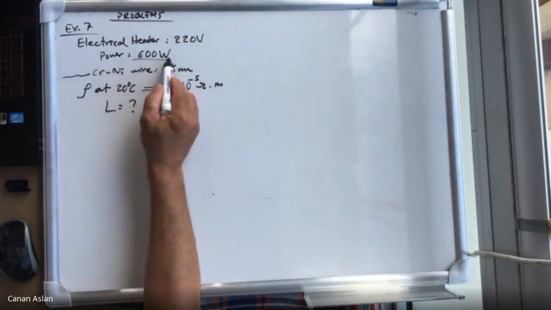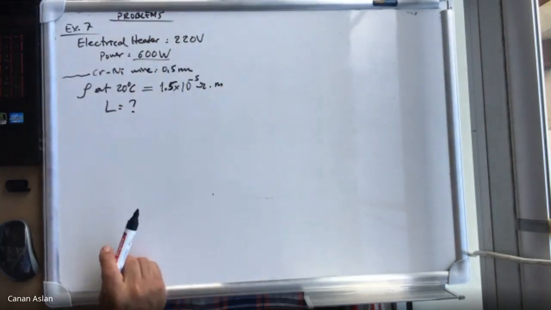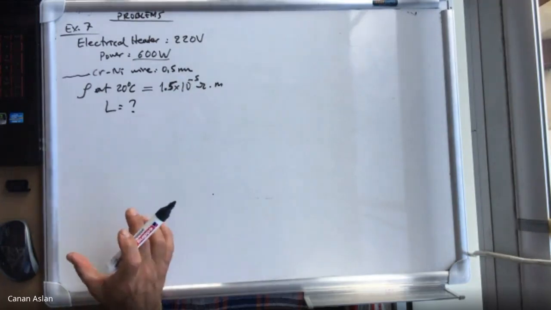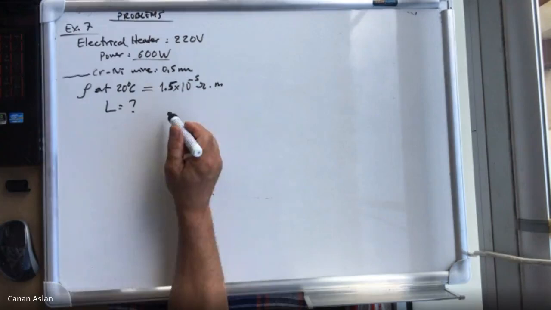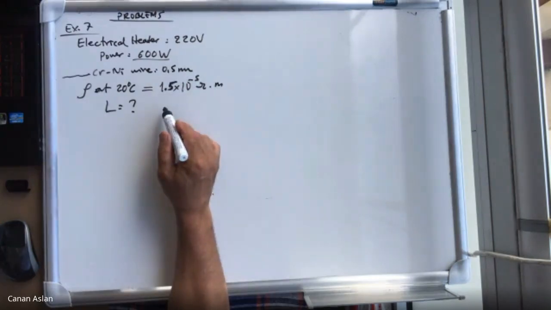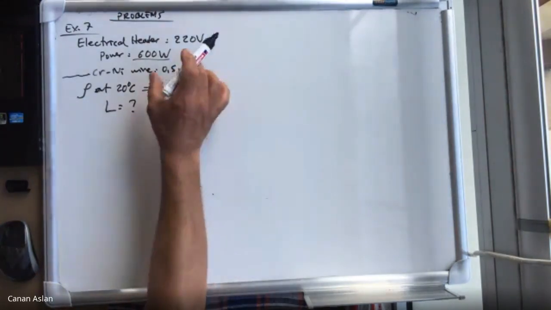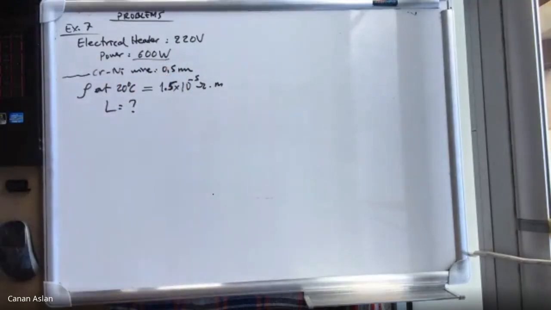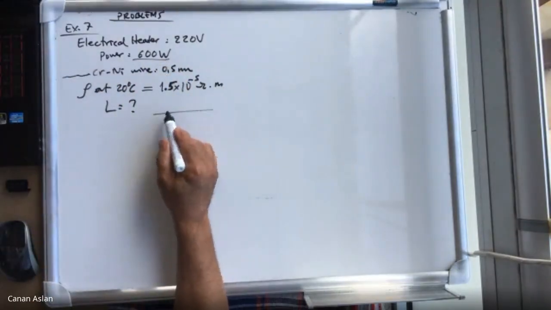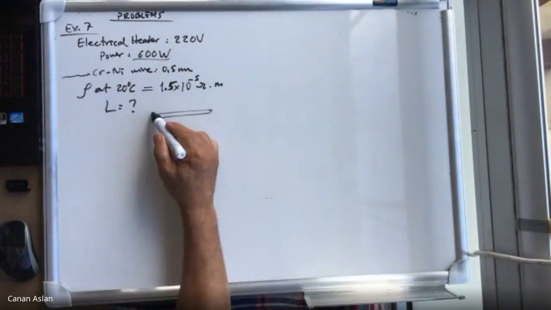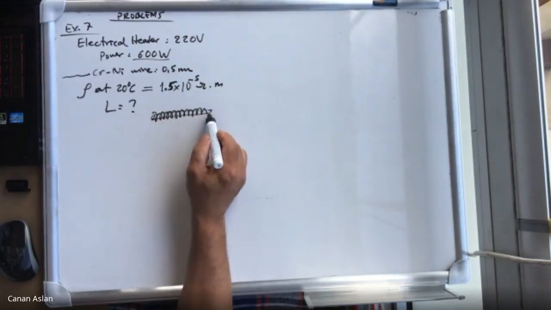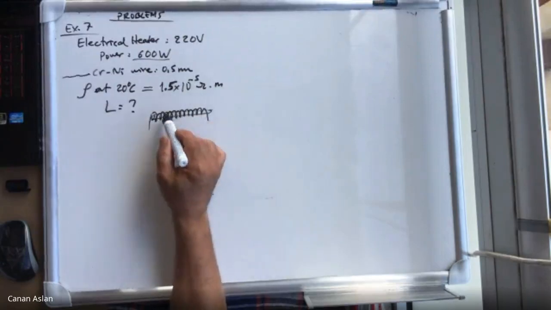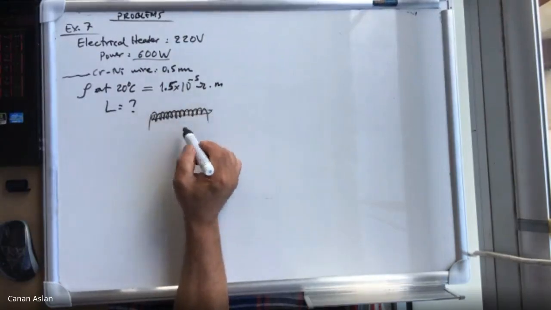In order to get 600 watts when we connect this to 220 volts, of course, you never connect this directly to 220 volts. What we do is that usually we just wind this around a ceramic like that, and then the total length will be the total length of this thing.